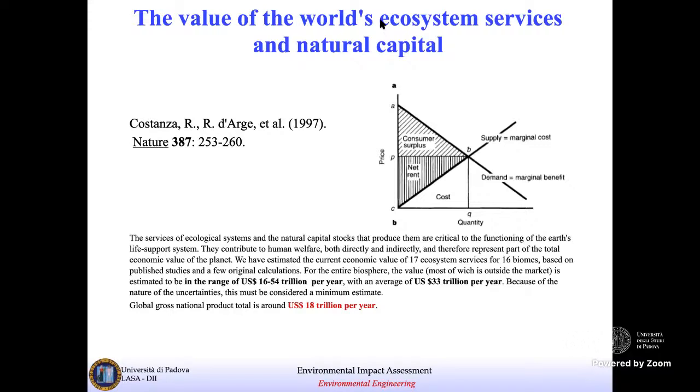In particular, they found that the average natural capital on the planet was 33 trillion dollars, while the global gross national product total is around 18 trillion per year.